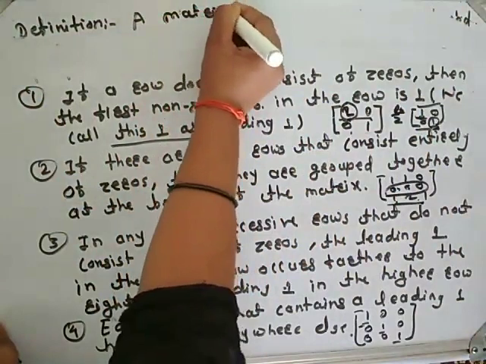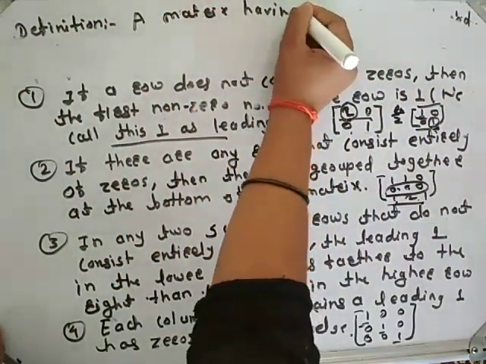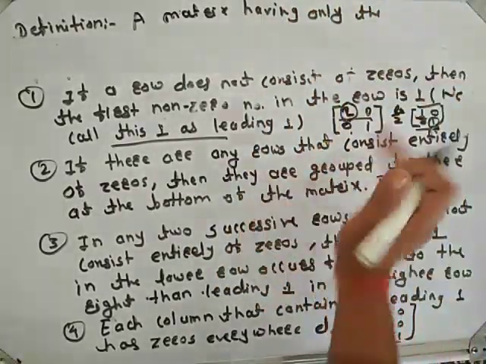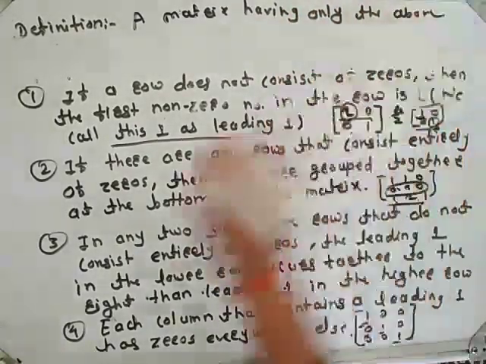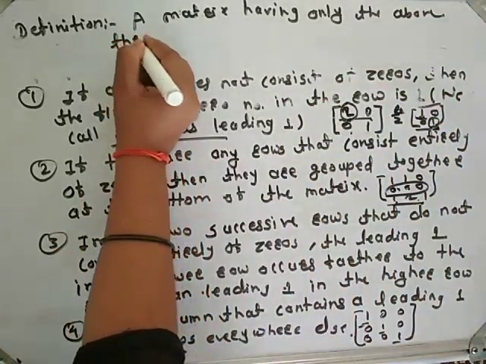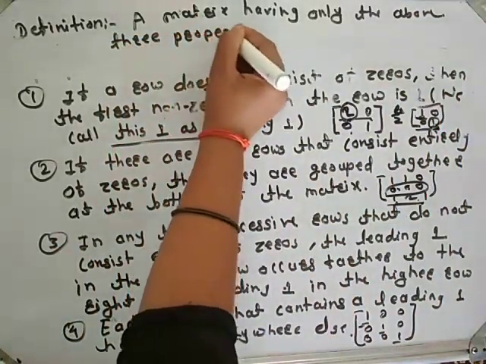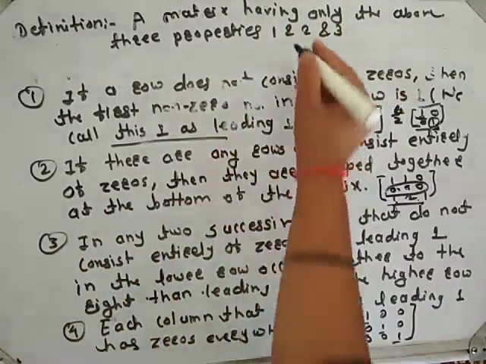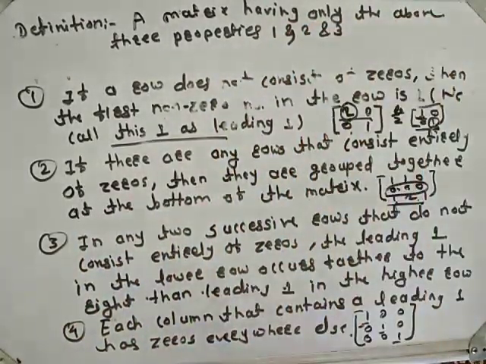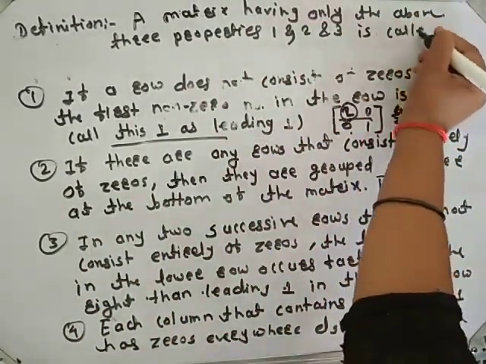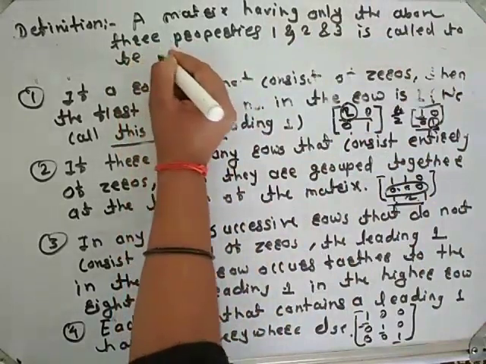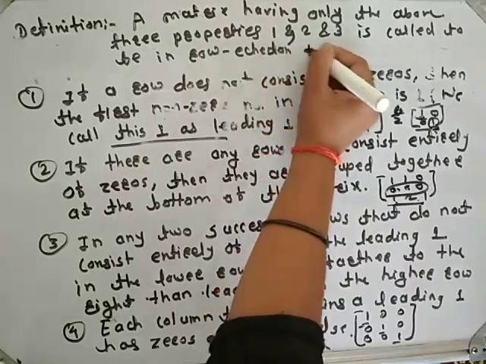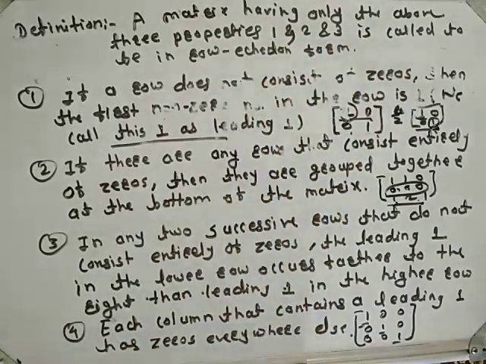A matrix having only the above 3 properties, 1, 2 and 3, is called to be in row echelon form.